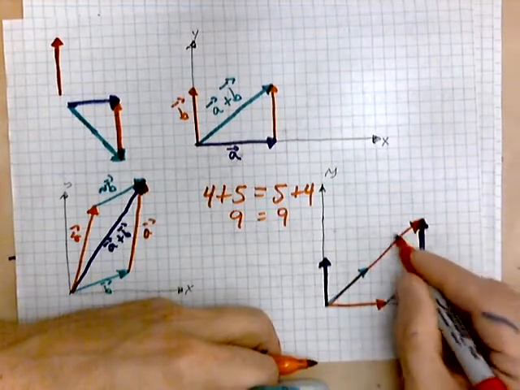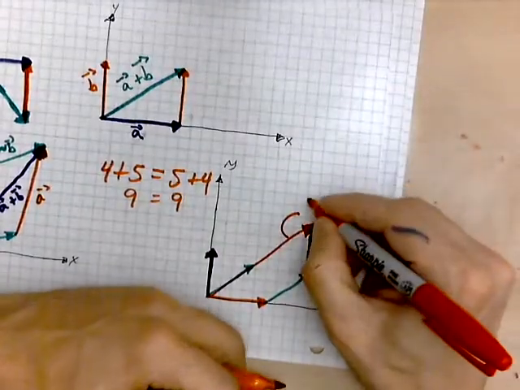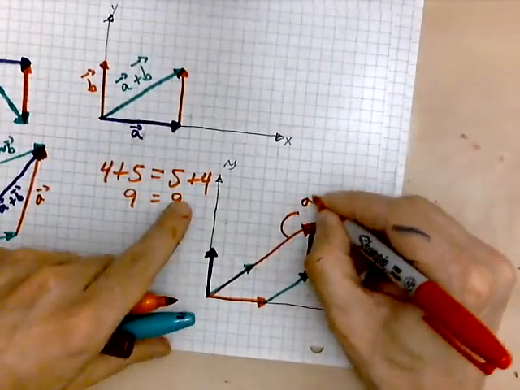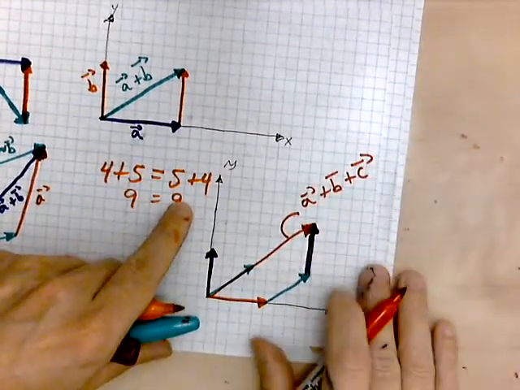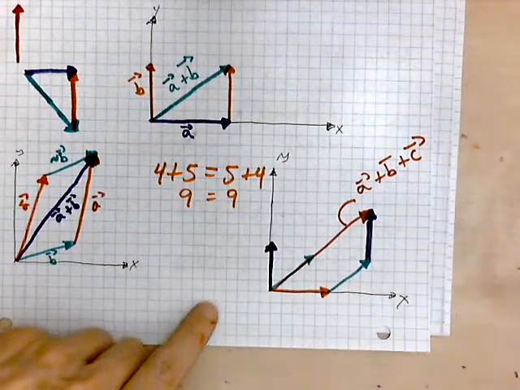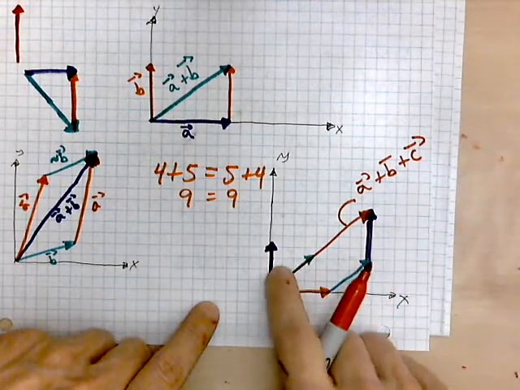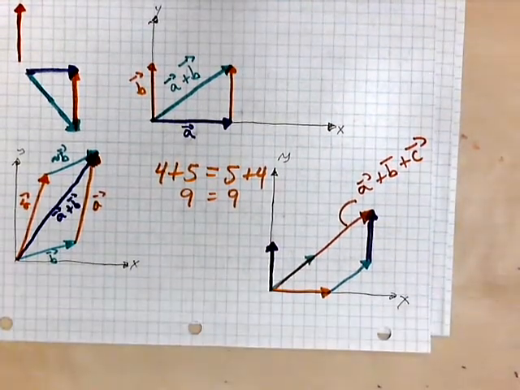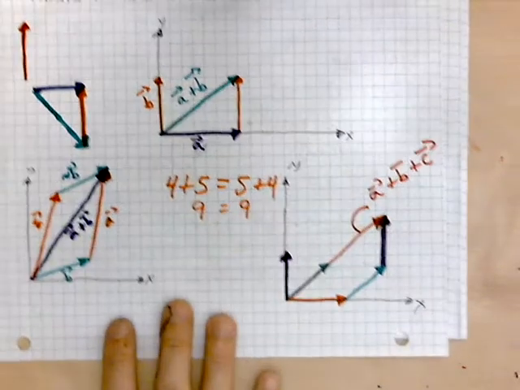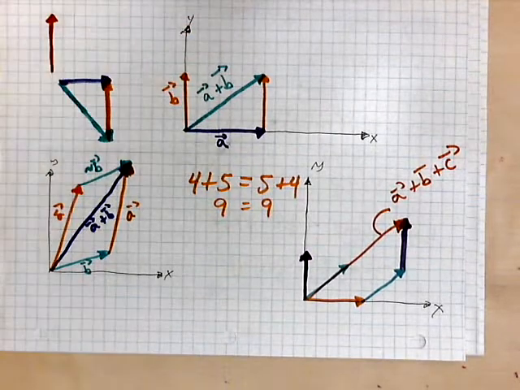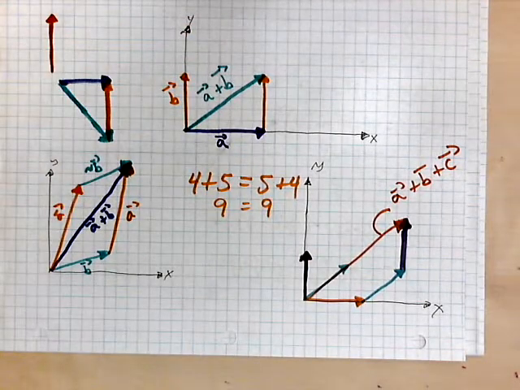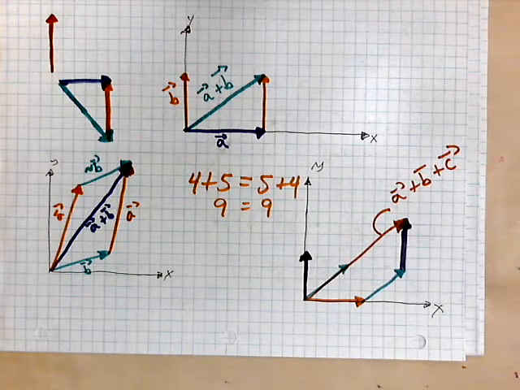Okay, there you go. So the red one here is the following: A plus B plus C. The red one is the addition of the orange, the blue, and the purple. So let's label the original vectors also so we know which one is which.